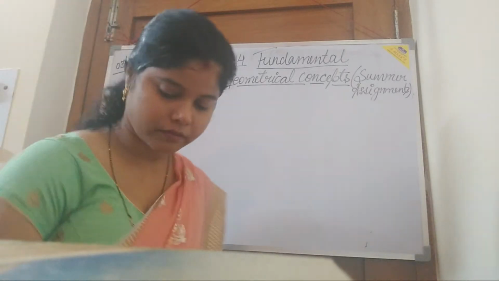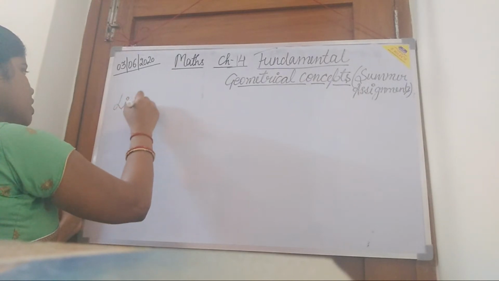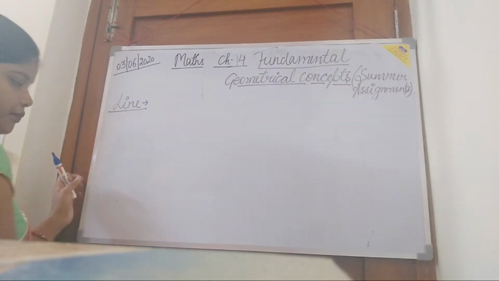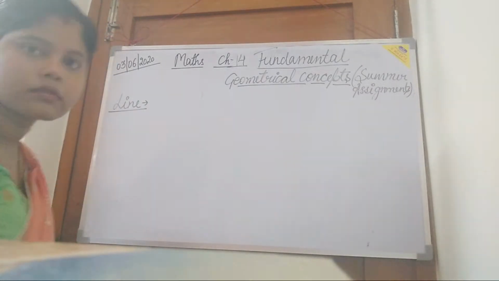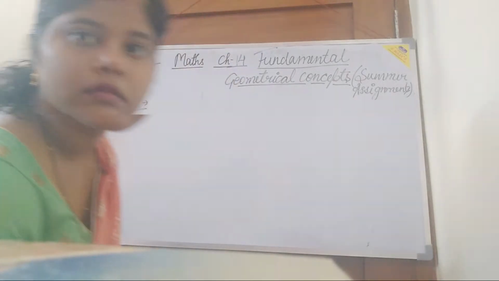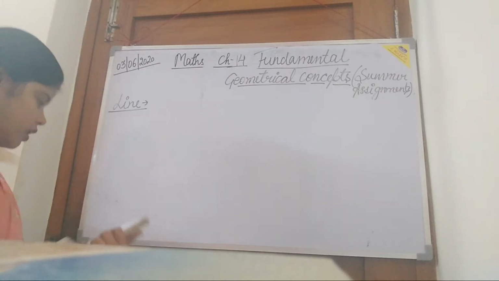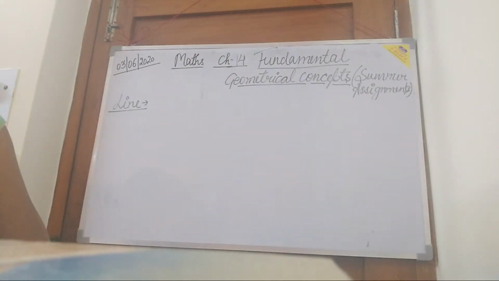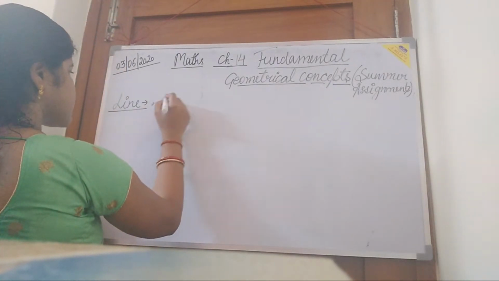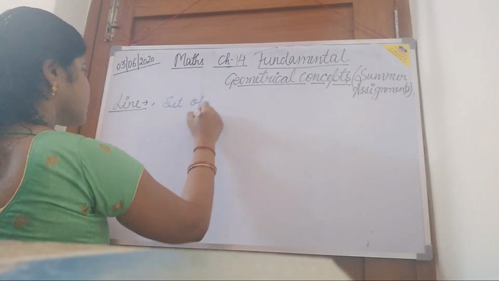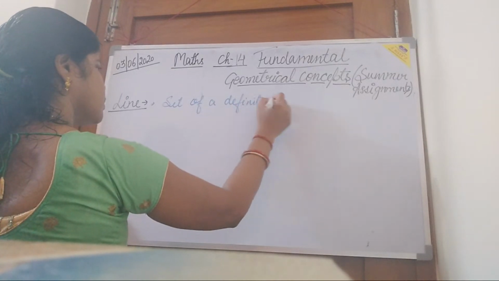Line. Now we are going to discuss a line. So what is a line? If we talk about a line, the first point you can write is that it is a set of definite points.